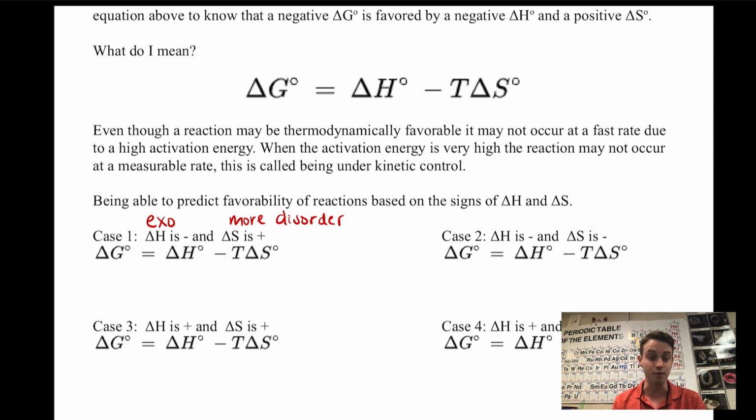Now, actually looking at this, if I do the algebra and plug in a negative delta H, that makes delta G more negative. And we can see that algebraically here. If my delta S is positive, since I'm subtracting a positive number, that also makes my delta G negative.